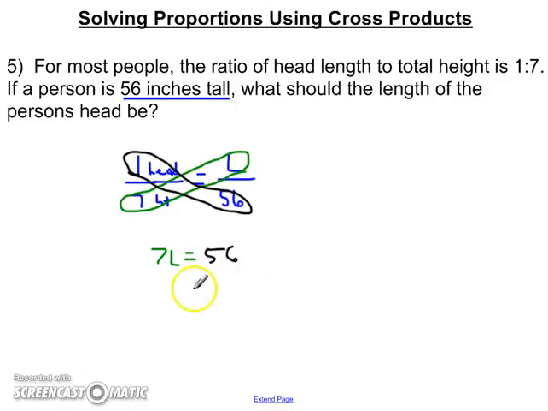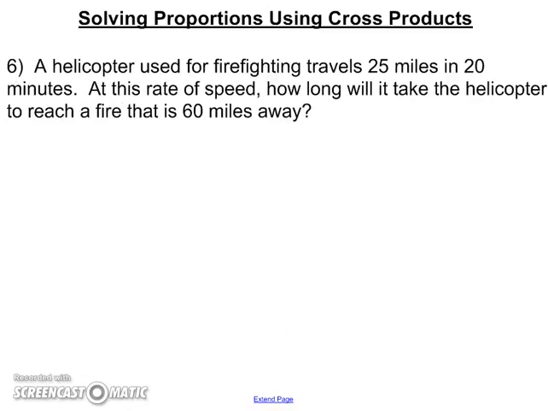Now I have an equation, which I will simply solve. We undo multiplication with division, and since 8 times 7 is 56, it's got to be 8. So the length of the head in this particular case would have to be 8 inches. We set up a proportion, used our cross products, and solved our equation to find the missing piece.